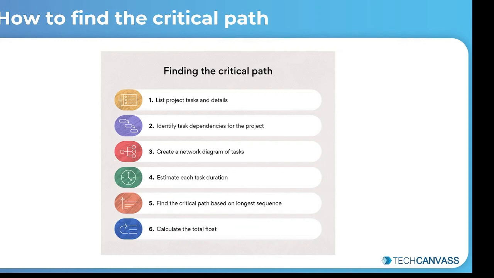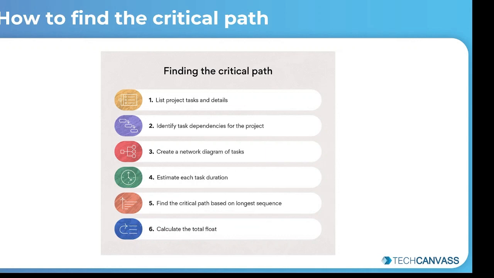Now that we have understood the benefits of the critical path, let's see how to find the critical path. What all steps you need to fulfill to figure out what the critical path of a project is. Finding the critical path involves looking at the duration of critical and non-critical tasks.